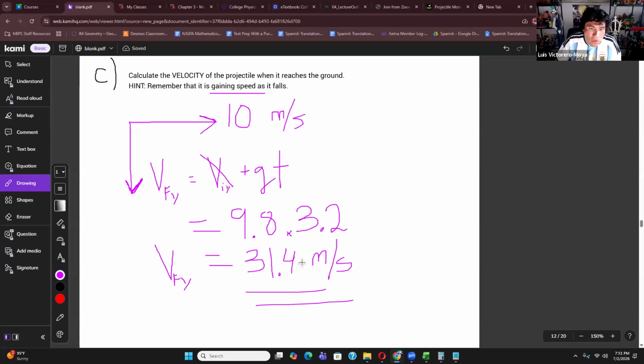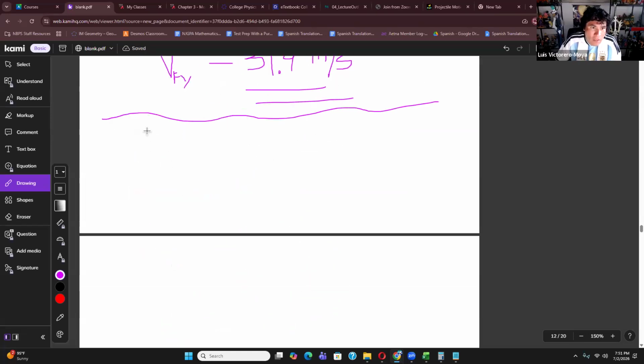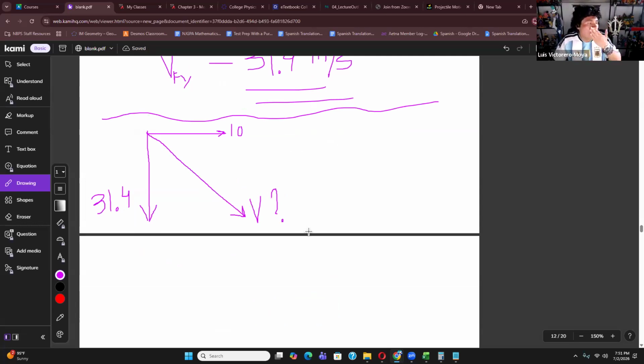So let's repeat. Now we have this situation: 31.4 downwards, 10 horizontally. How will you find the resultant? How do you find the total V? Did you do the Pythagorean theorem?